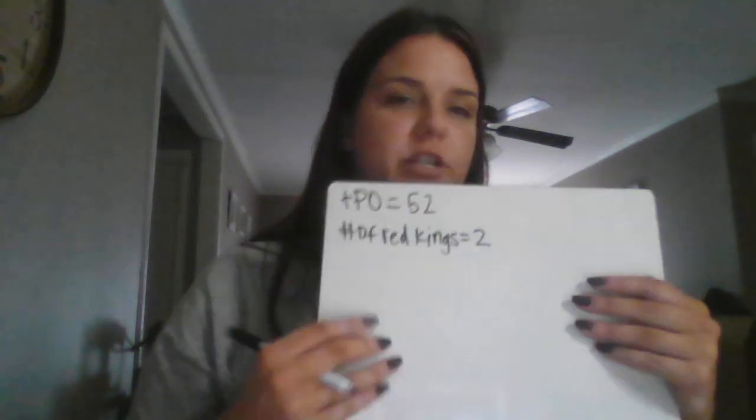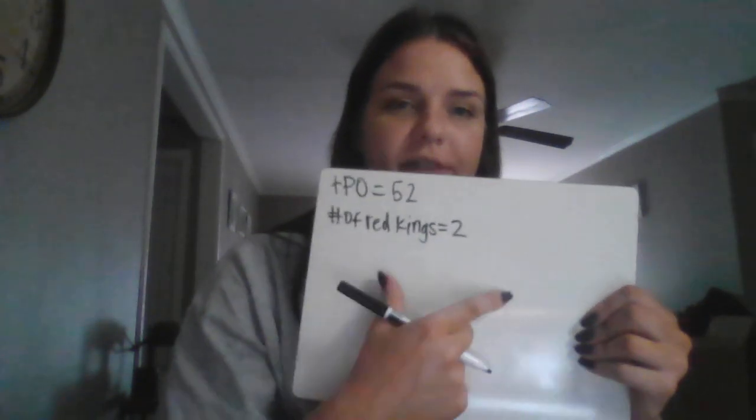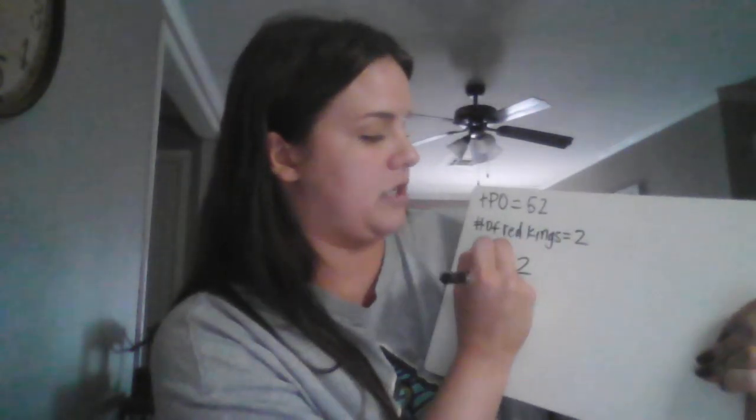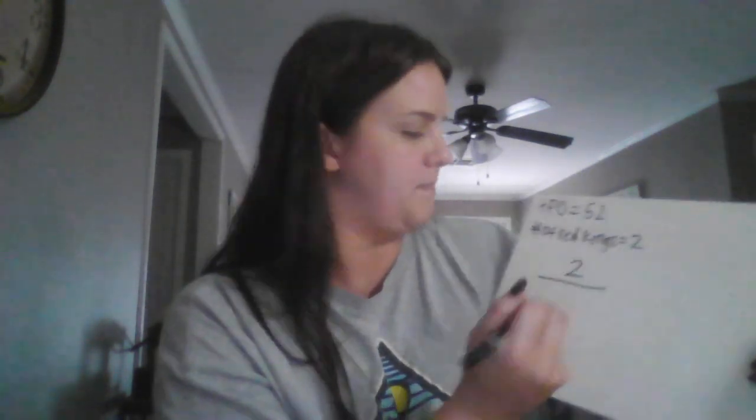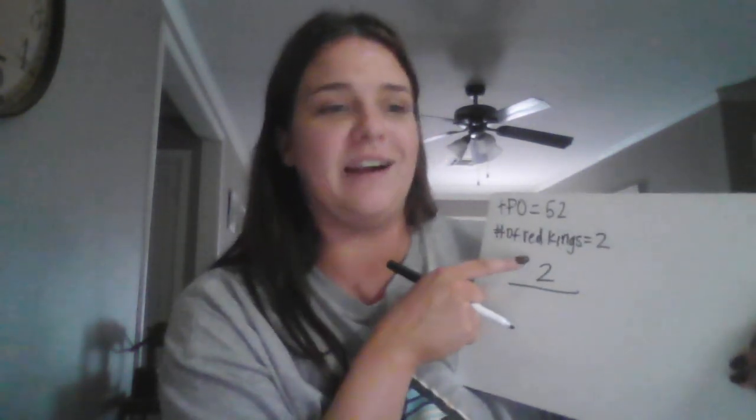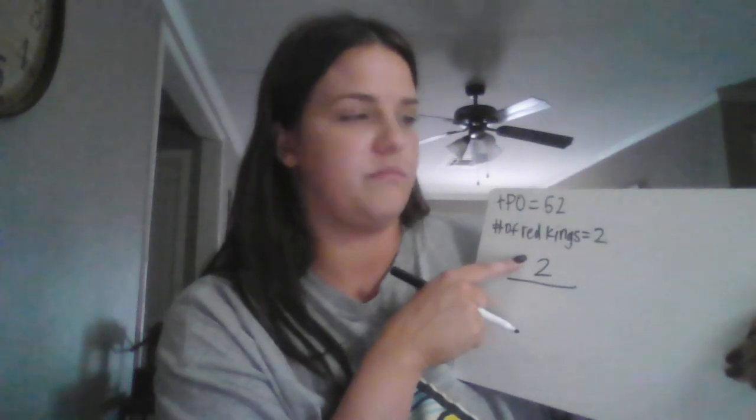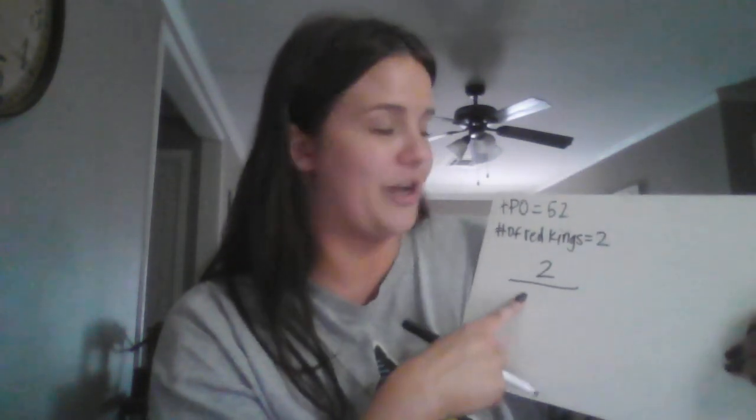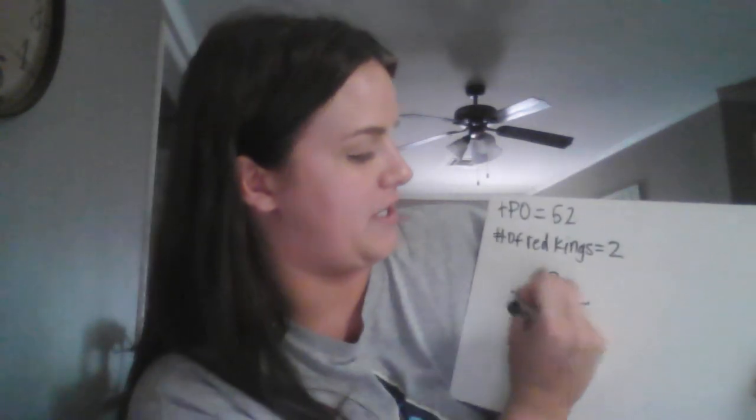So the number of red kings would be 2. To find our probability, we're going to put on top the number of favorable outcomes, which would be our 2, over our total possible outcomes. So that would be 2 over 52.